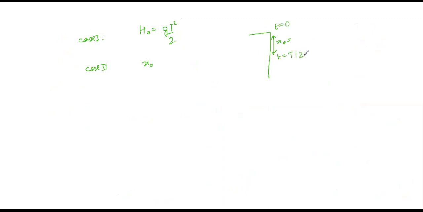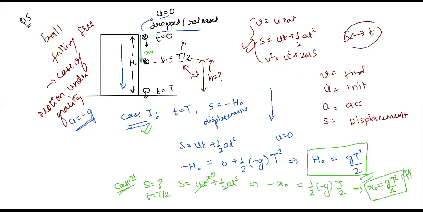In time t is equal to t by 2, we got the displacement x naught. We have the total height given in the question as h naught. We are being asked how far above the ground the ball is. That is, this small height h is being asked in the question. So we found x is equal to gt square by 4. Write it here, gt square by 4, right?